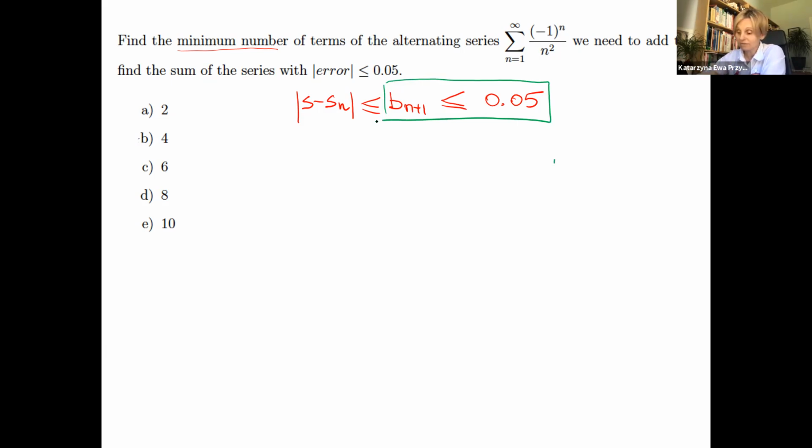First of all, what is b sub n? What is the formula for b sub n? B sub n is 1 over n squared. What will be the formula for b sub n plus 1?